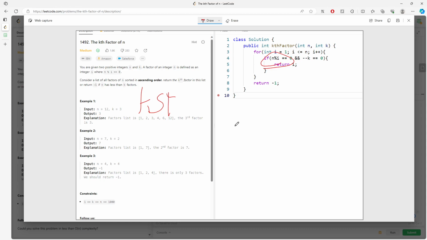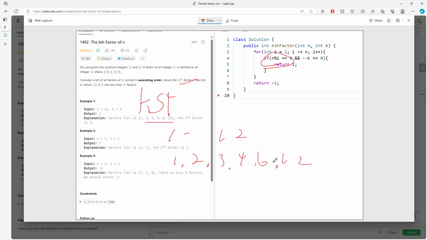This is because everything multiplied by 2 is a factor for this, right? So from 1 all the way to 12, you have 1, 2, 3, 4, 6, and 12.